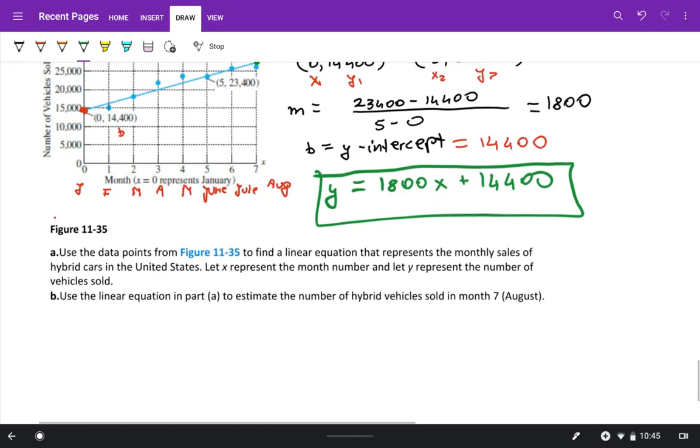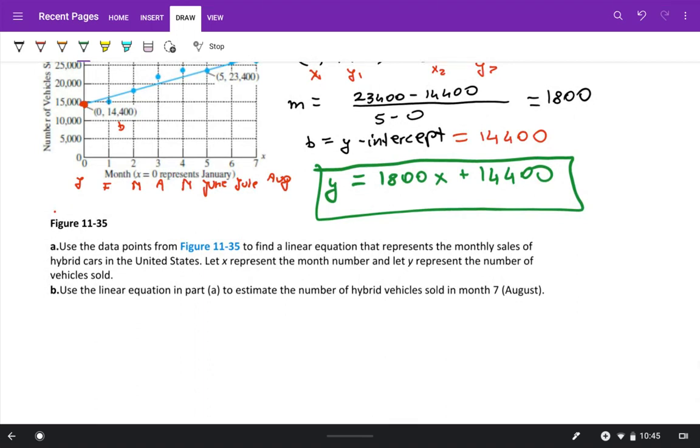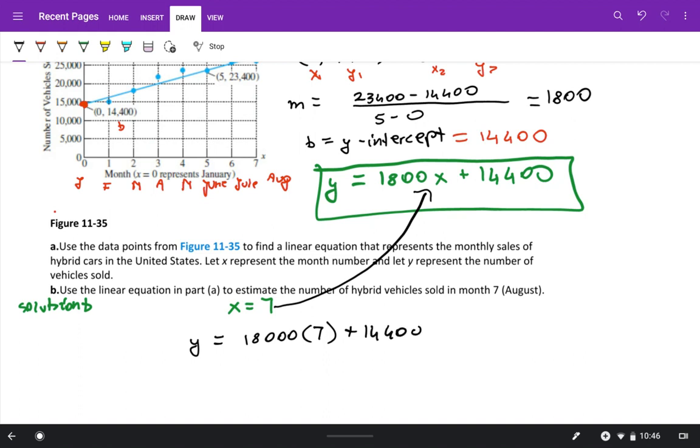Let's use the equation. August means x equals 7. So you go back to the equation we just created and replace x with 7. So y equals 1800 times 7 plus 14,400. Okay, let's calculate that.